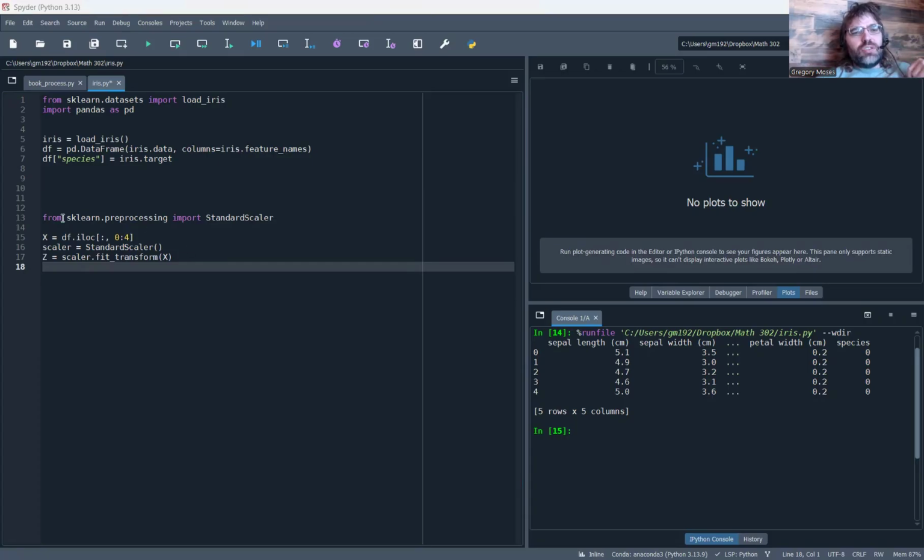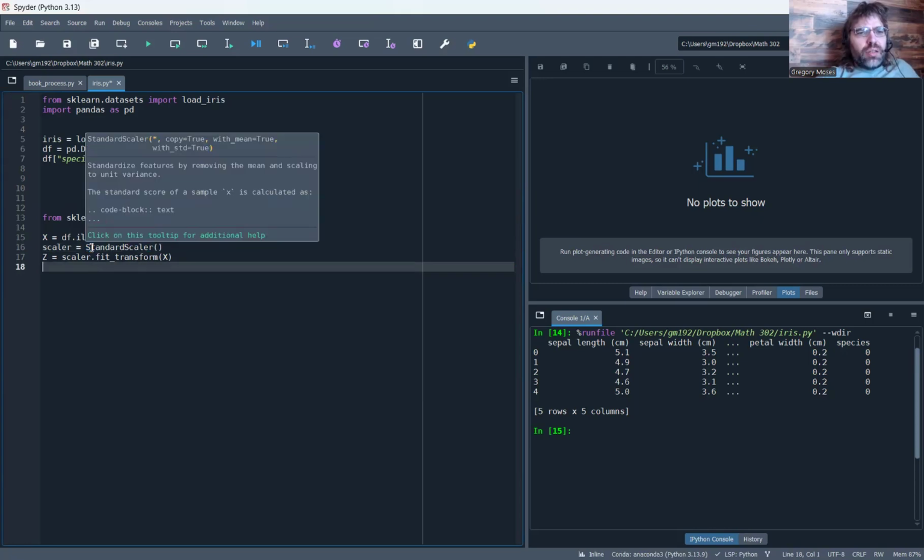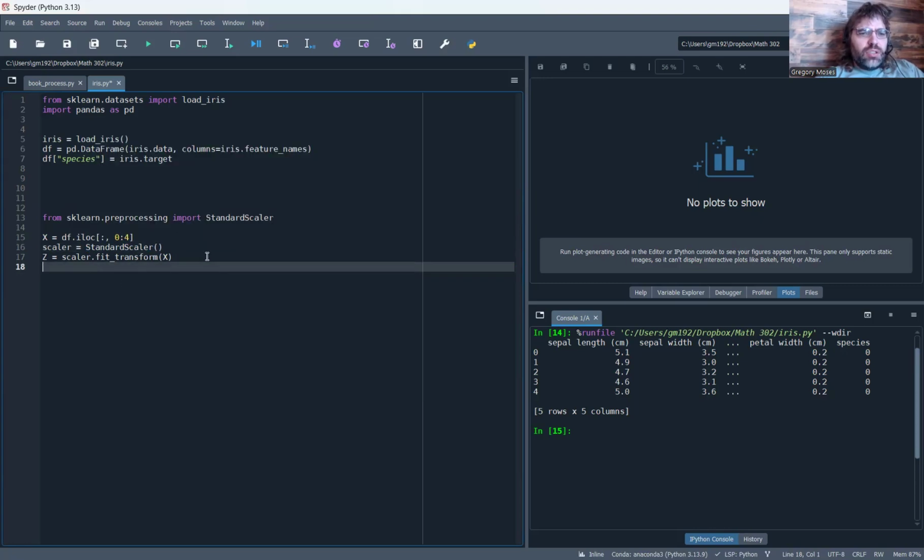Okay, so the next thing we are going to do is we are going to import standard scaler, and we are going to hit our data with it. So what am I doing here? Well, suppose you have vectors that look like this.